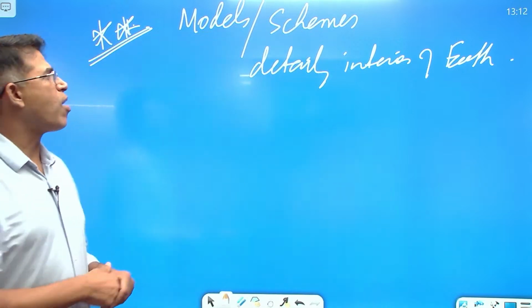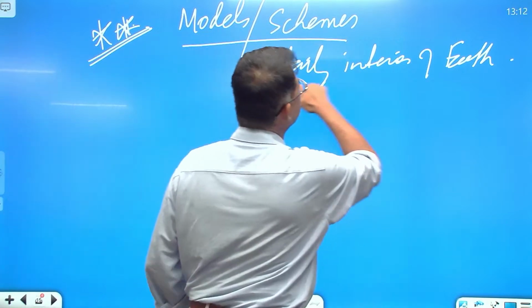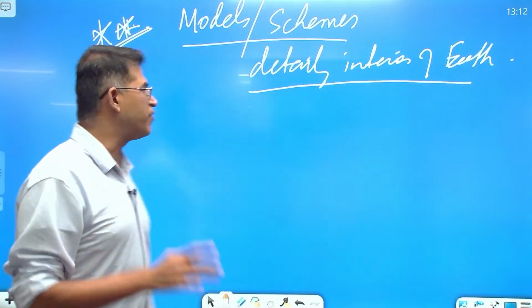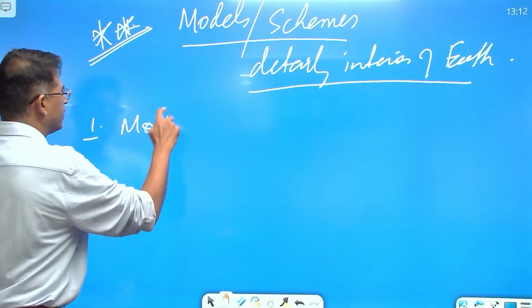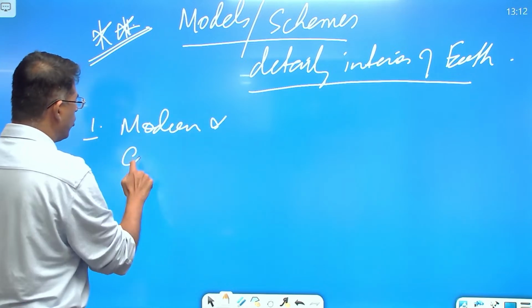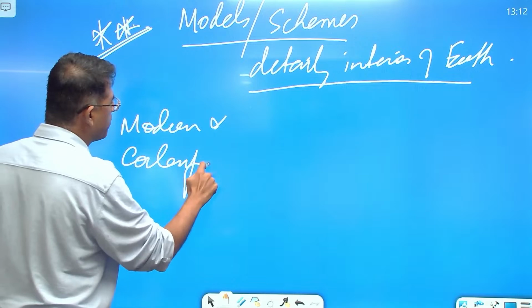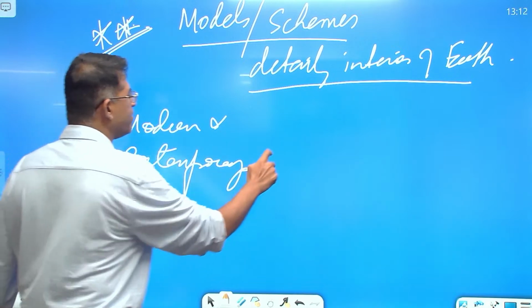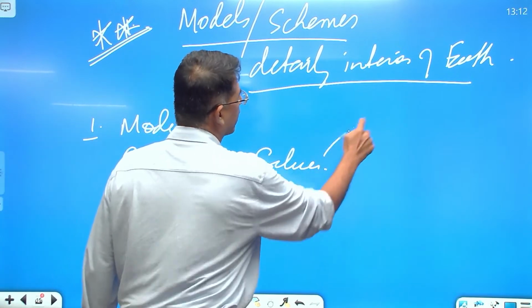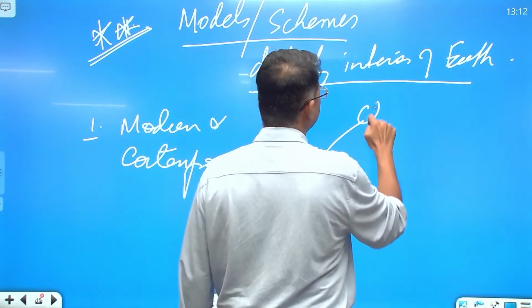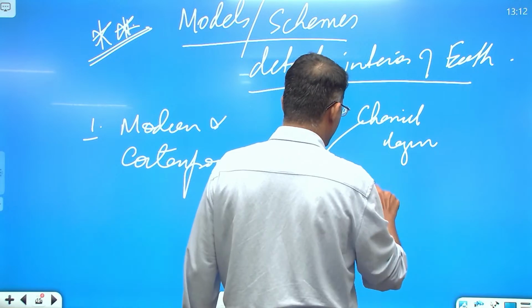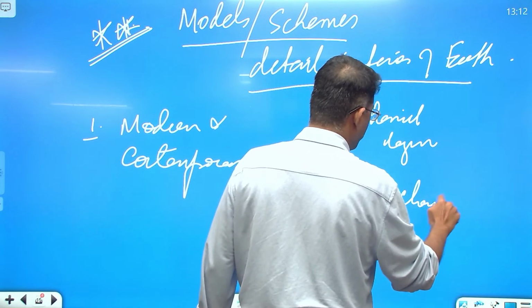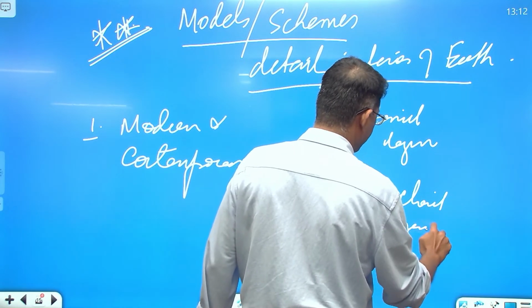Okay? So what are the models? What are the schemes detailing the interiors of Earth? Here, the more modern and more contemporary scheme is what we have already done. We have a model for chemical layering and we have a model for mechanical layering.